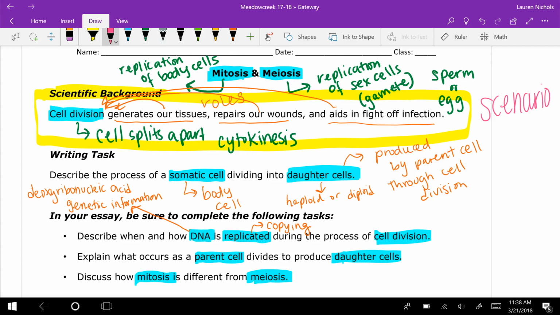So if the scientific background told you that you are a scientist somewhere, or a student at a school, you would need to make sure to mention that in your intro paragraph. Okay, so let's pause a moment, make sure we have all of this, and then we'll go look at our documents.